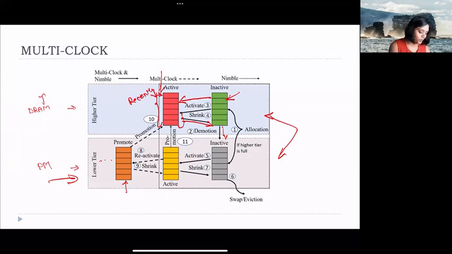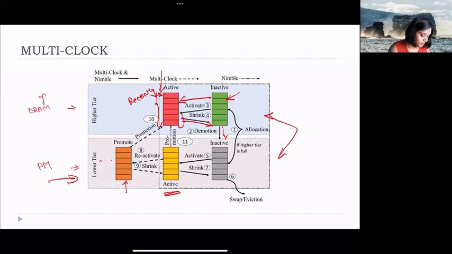Then we would move some data from the bottom of the active list to the inactive list. That's how we would shrink. Similarly, when the data inside the inactive list is used, we would move that to the active list in the lower tier as well.